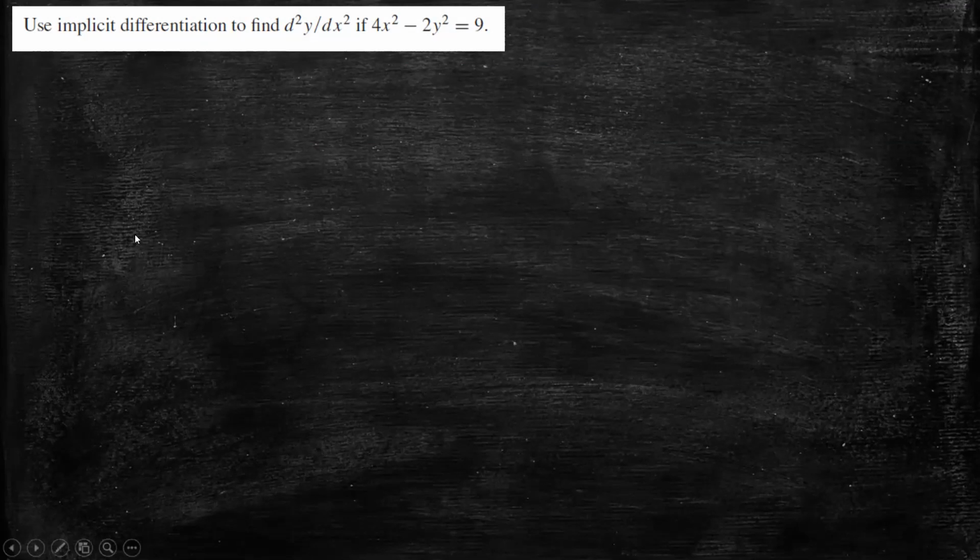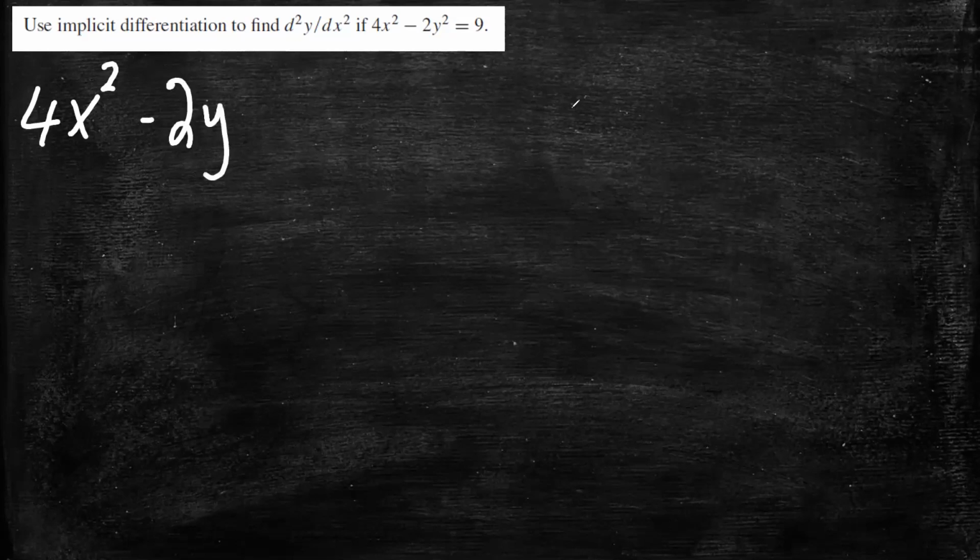Here we have 4x squared minus 2y squared equals 9. Let's find the derivative. We say 4 times 2, which is 8x, minus 4y times dy over dx.